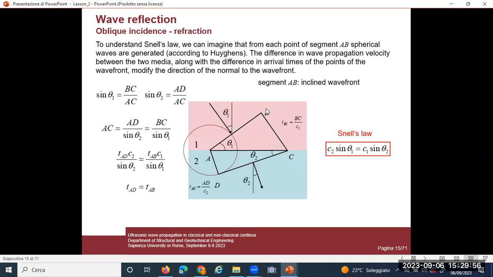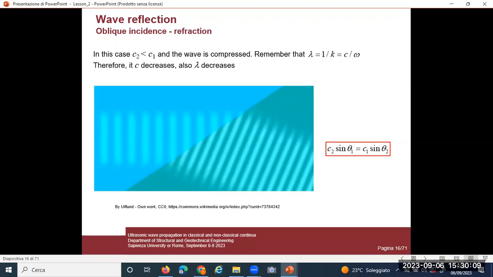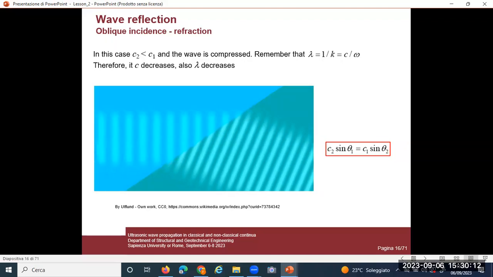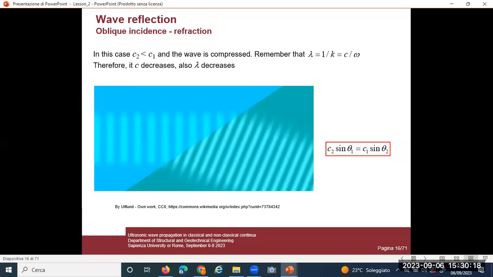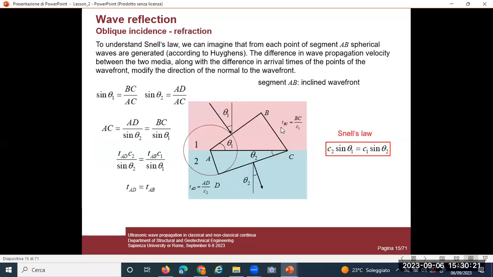In the first material, a longer segment is traveled in the same time. Therefore, in material one, the velocity is larger. And this is exactly what happens. Isn't it the opposite? Because it took a longer distance means the speed is less. Right? No, same time. Same time.